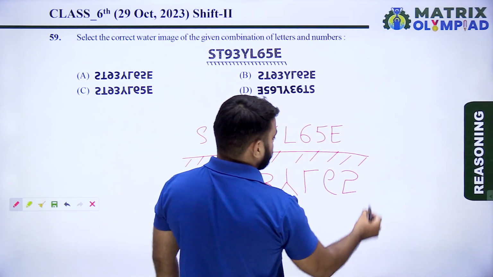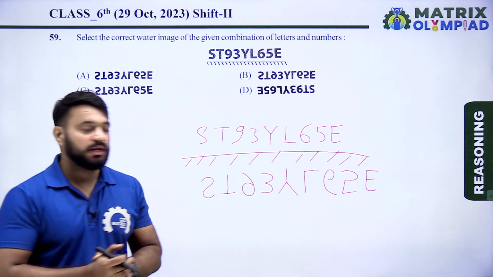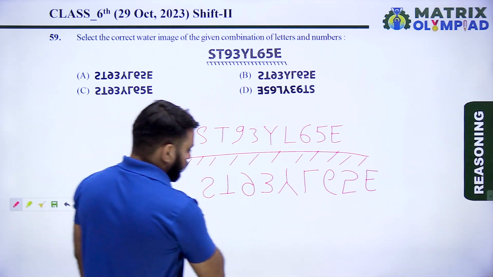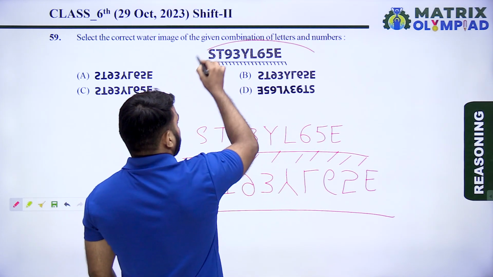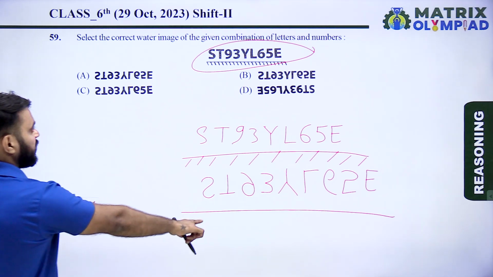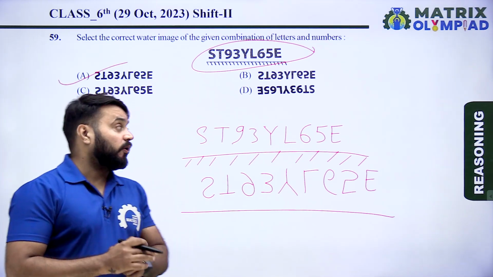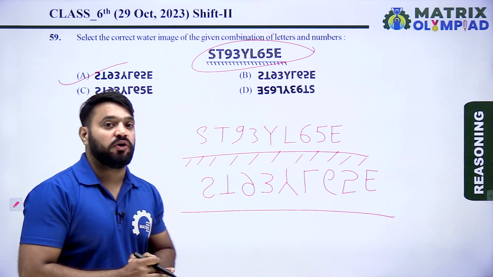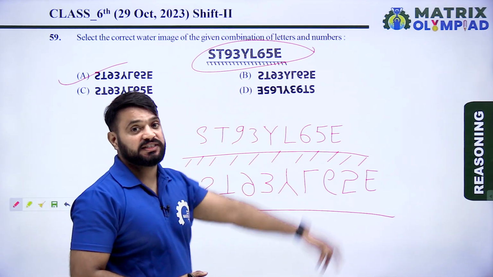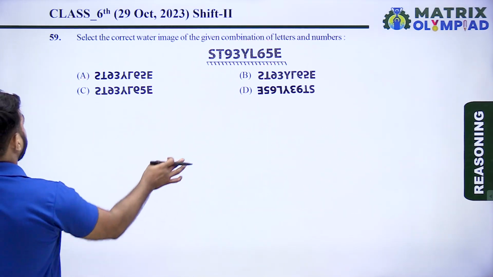Now find the water image of E. So the water image of E looks like as follows. So this is the correct water image of the given combination of letters and numbers. So here option A is the correct answer. So let's move on to the next question.